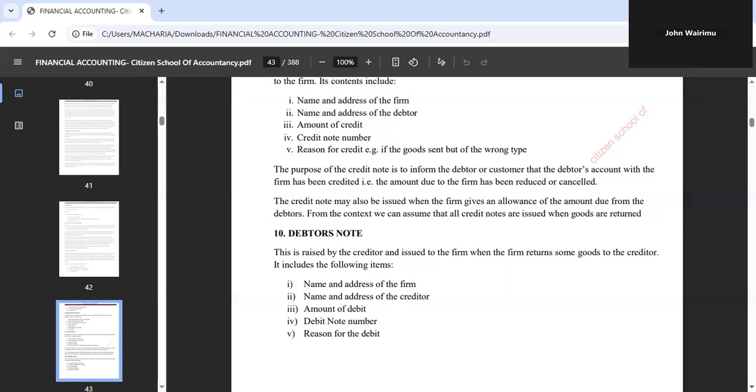I hope this is very clear: the creditor is the one issuing the debit note, but the credit note is issued by the firm to the buyer to show that the sales have reduced.